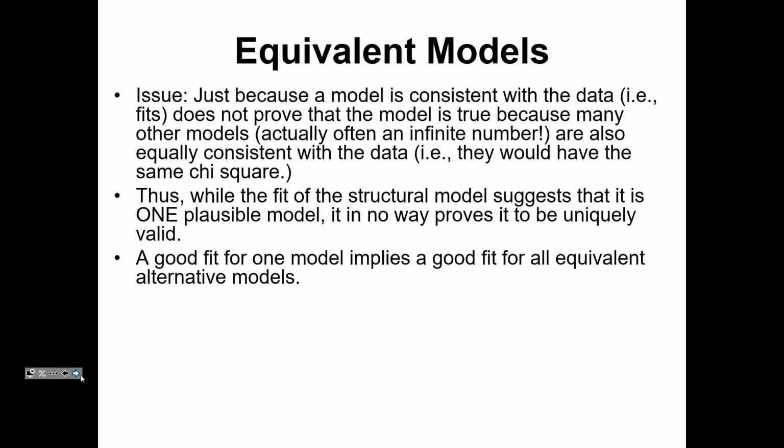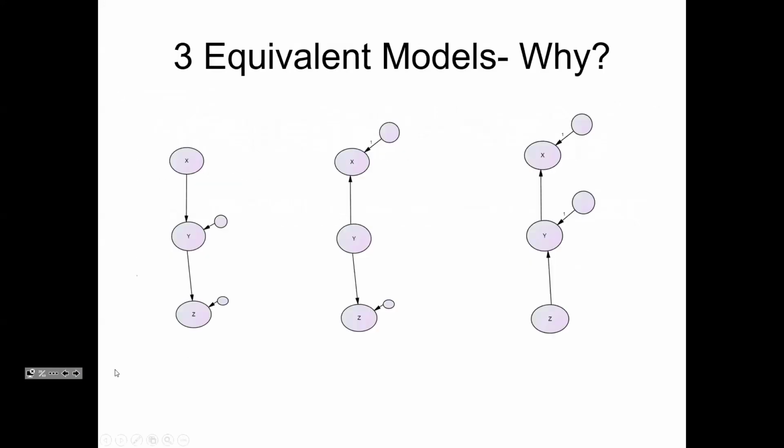I kind of hate this count, but it's good that I give it every year because it also keeps me grounded. Here's just an example of 3 equivalent models. Now, these are not just identified models, right? They're all 1 df models, but they're all equivalent.